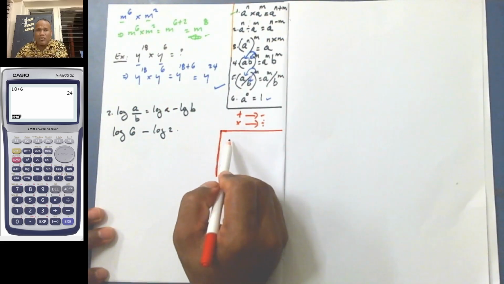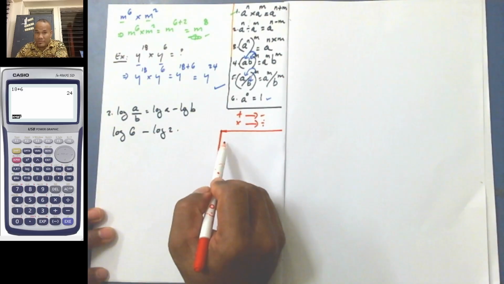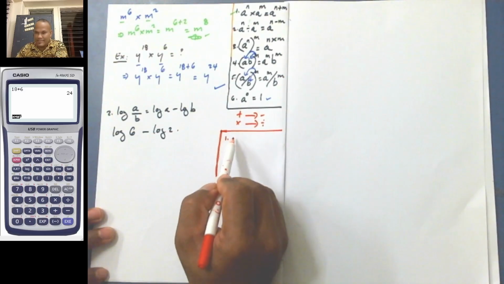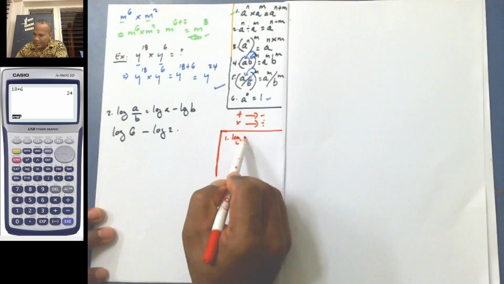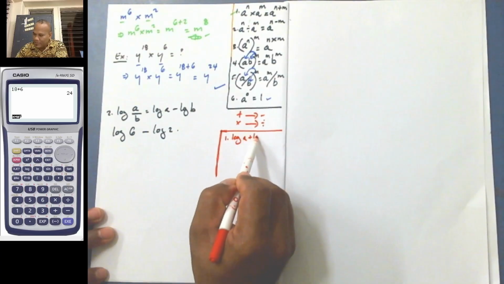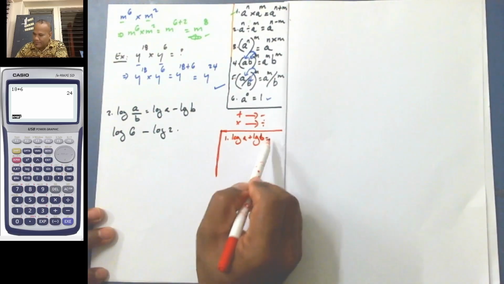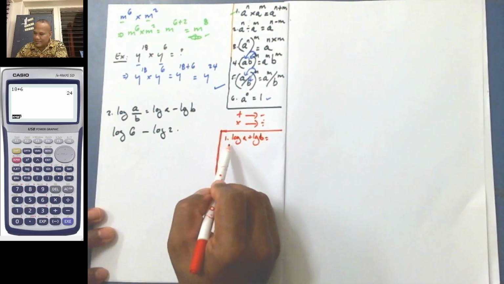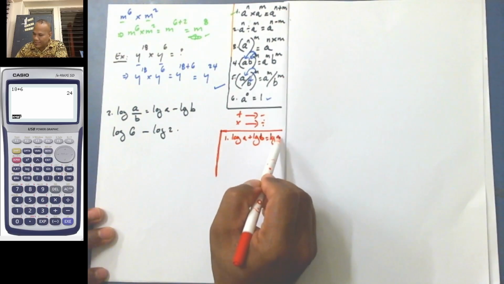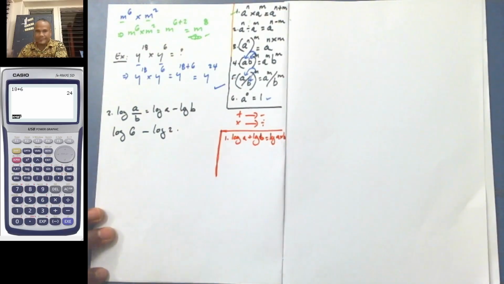What are the laws of logarithm? The first law says log A plus log B, whenever we plus, it's log A times B. I'll repeat that again.